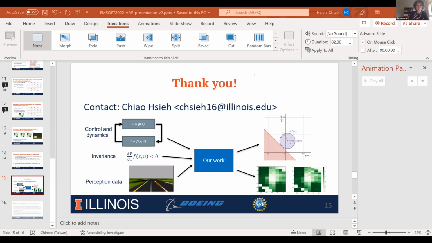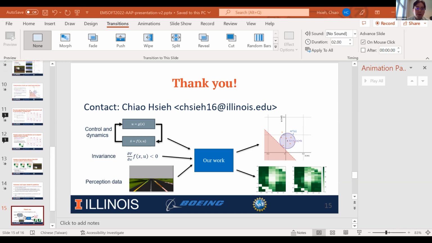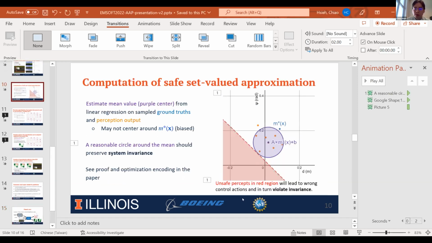Okay, thanks. Just a question. How do you ensure that the output of a CNN is safe compared to the position of your vehicle with respect to the line? This part I didn't get. Right. So yes, I skipped through that. I believe you are referring to how we define this unsafe perception region with respect to the system invariance.